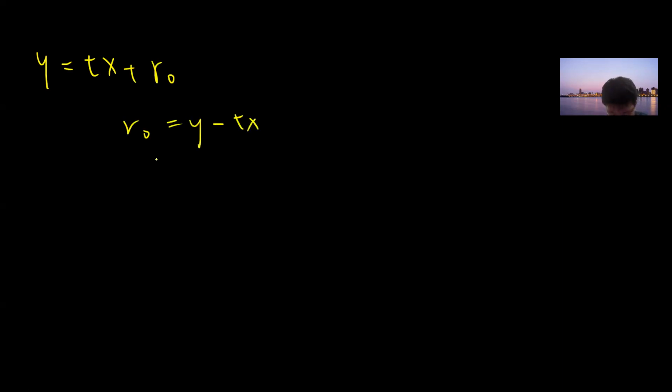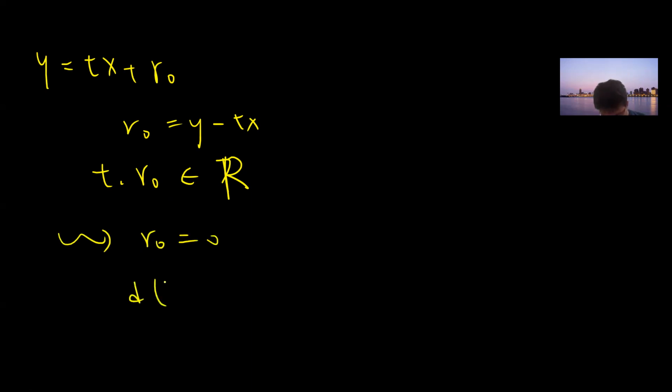So we let y equal tx plus r0, where r0 is y minus tx. Obviously t and r0 are in the original Gaussian integers. So either r0 is 0 or d of r0, which is d of (y minus tx), is less than d of x.